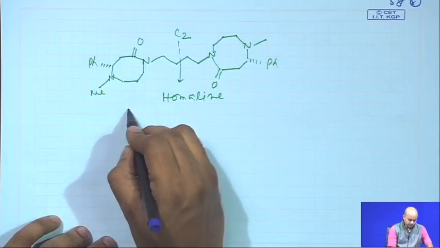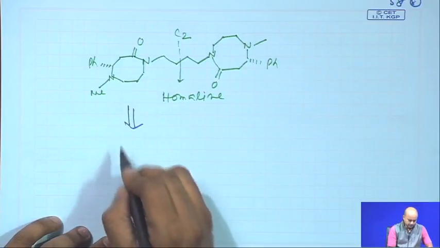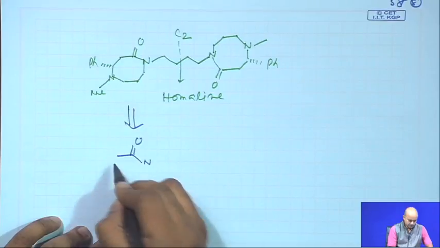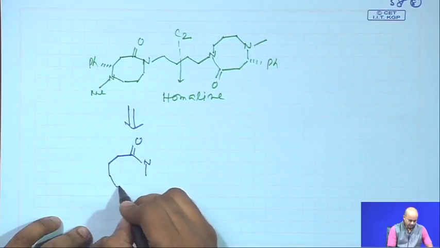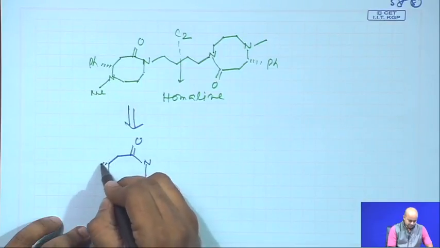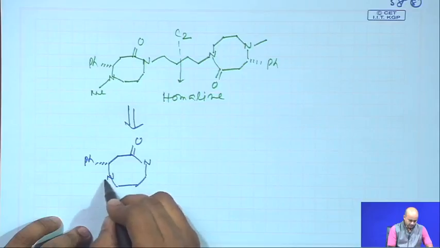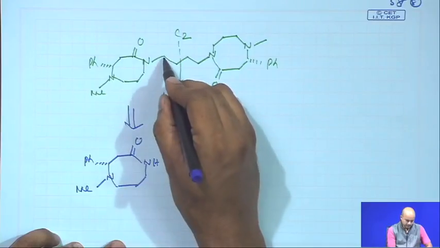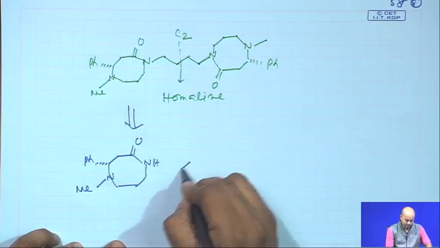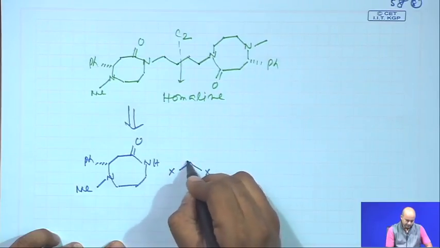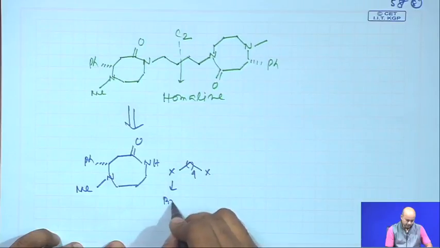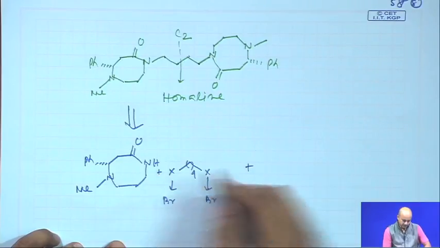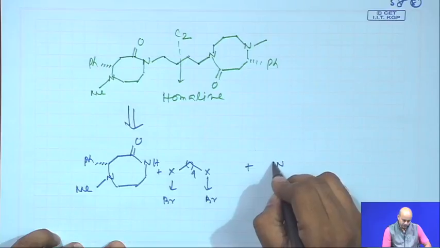If you do this target analysis, you will find that if you have this particular compound as your starting material, you can couple with X and X, a 4 carbon spacer, where X stands for bromide, and then on the right hand side you write the same compound in the opposite way.